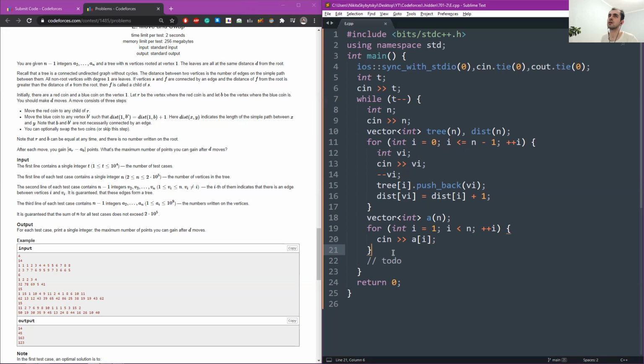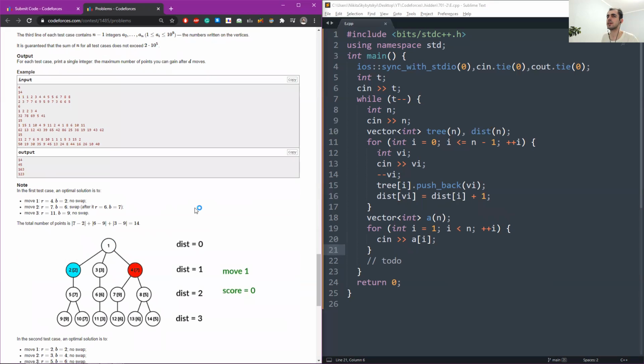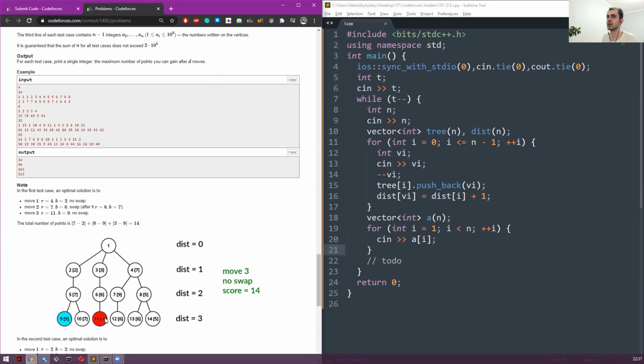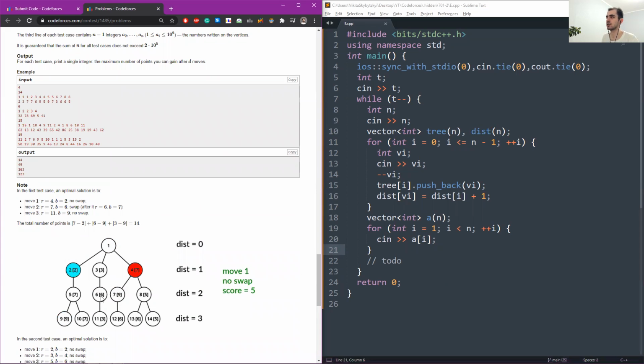Because the idea is still the same, that a DP state at some node corresponds to the best score from now till the end. If here we have a red coin, the optimal position for the blue coin is either the max value on this layer or the min value, right?